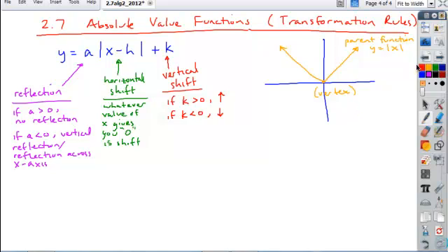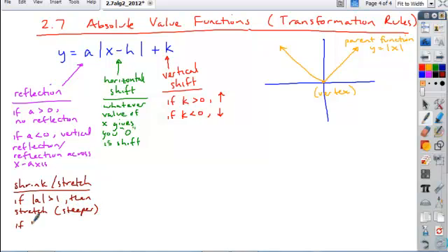There's another rule that's met by this a value, and that is shrink or stretch. Again, in terms of the absolute value, the magnitude of a, if a is a value greater than 1, then the graph is going to stretch, which means the graph gets steeper.